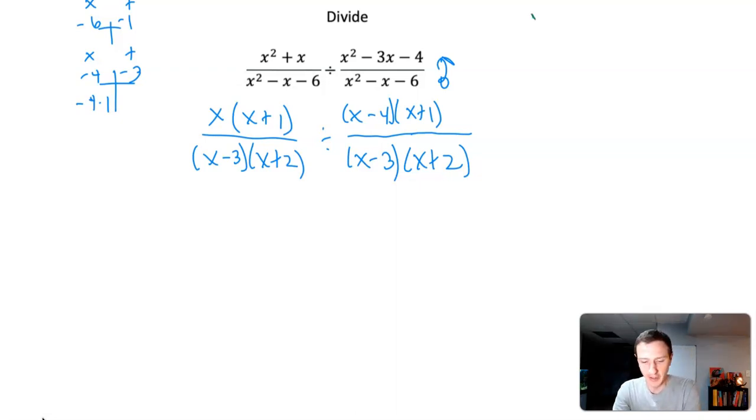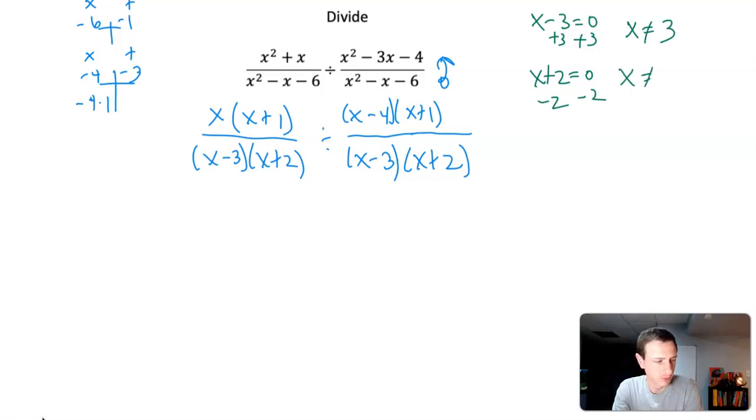I'd have x minus 3 equal to 0 and x plus 2 equal to 0. I think that's it, because they're the exact same. So if I add 3 over, x cannot equal 3, and if I subtract 2 over, x cannot equal -2.